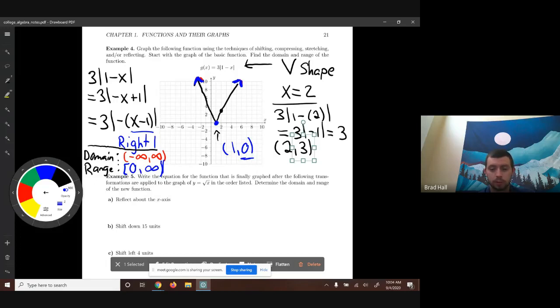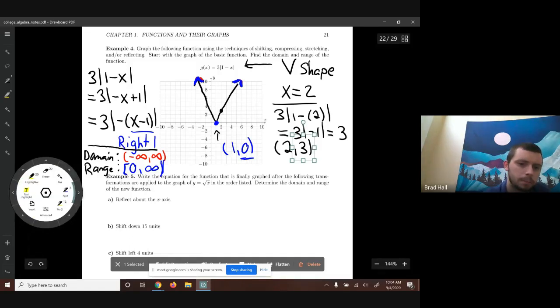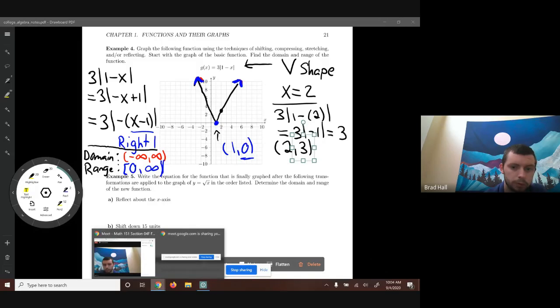So if anything, all I'm asking is that you can recreate this on your homework to get this problem out of the way, so you can focus on other homeworks or other problems on the homework. Does anyone have any questions about this one before I move on?